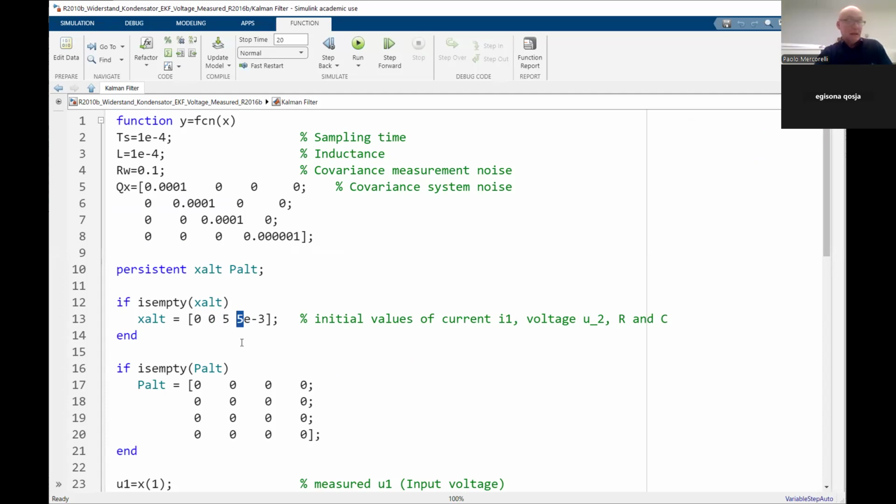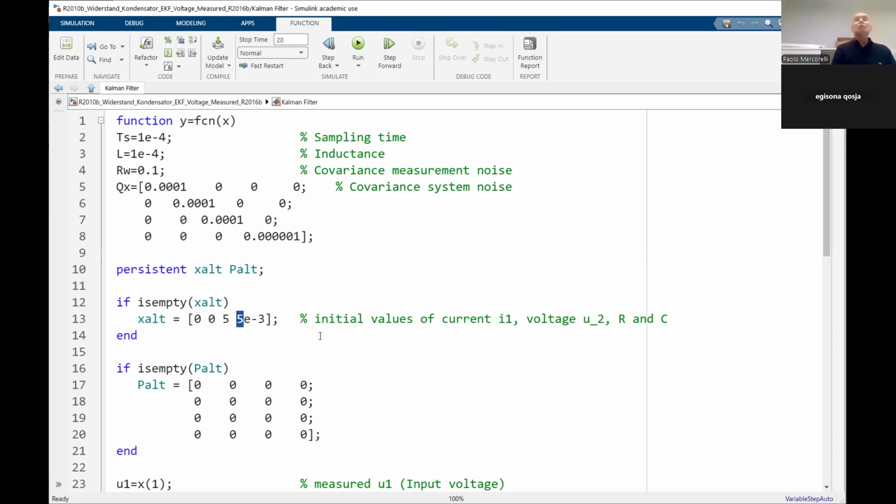Correct, no? I remember well. R was 1, I put 5. 5 times more, an extremely large error. And here again, it was 3, 10 minus 3, something like that. I already forgot. The capacitance true values are in the M file. I put almost twice, big errors.